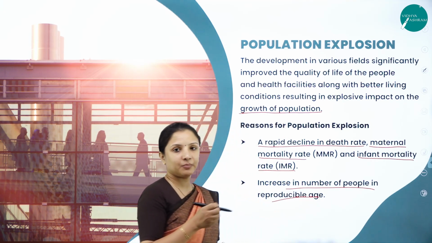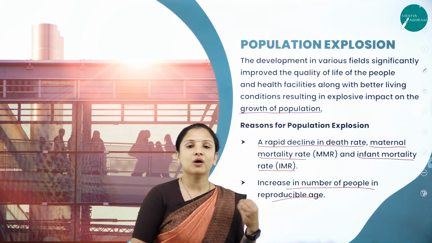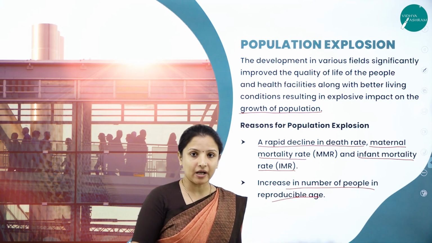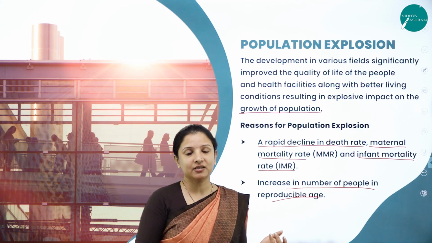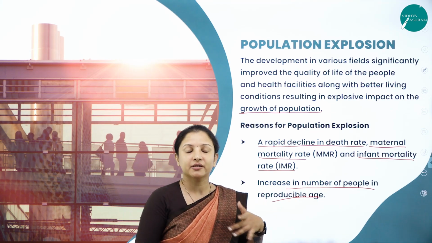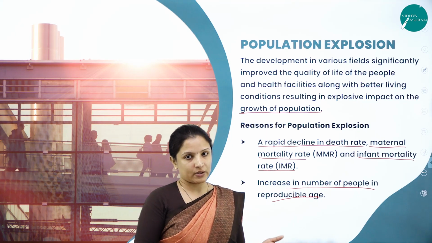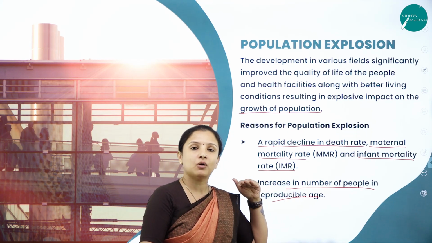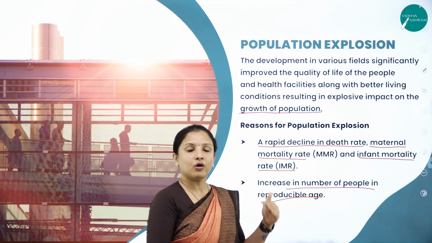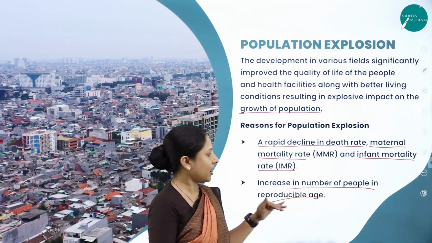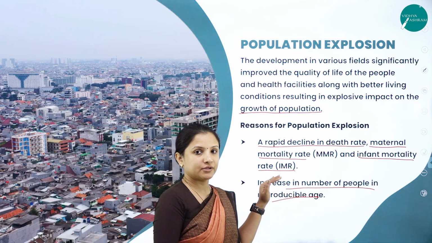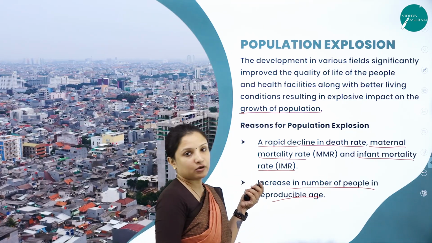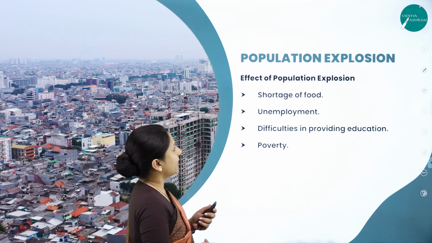More the number of people of reproducible age, that is who have got the menarche or who have entered into the menstrual cycle, they are now in the reproductive age where they are capable of giving birth to young ones. So when we look at the population, the number of girls who have reached the reproductive age or the number of boys who have reached the fertility age is more. Therefore, an increase in the number of people in reproducible age is also one of the major factors for population explosion.